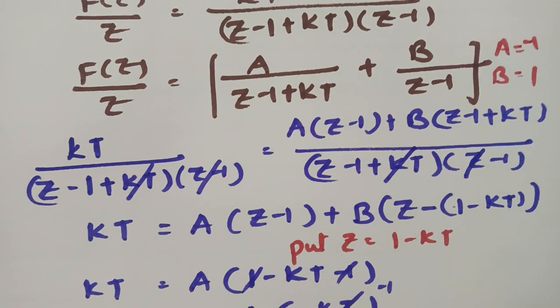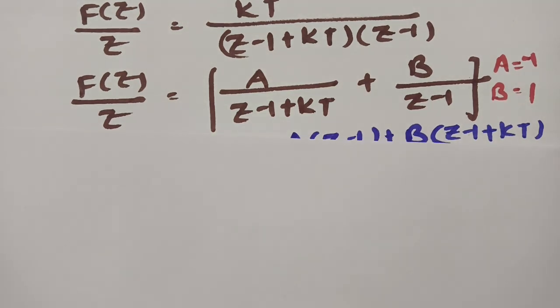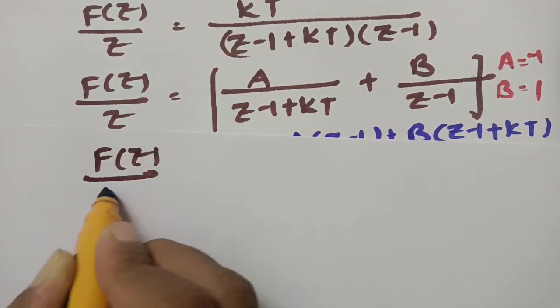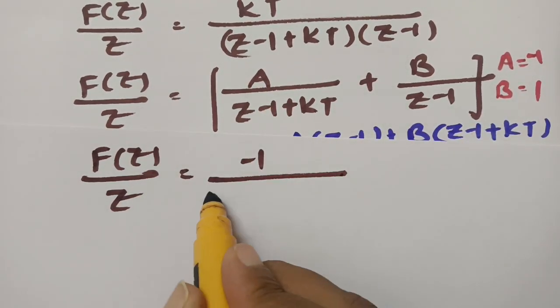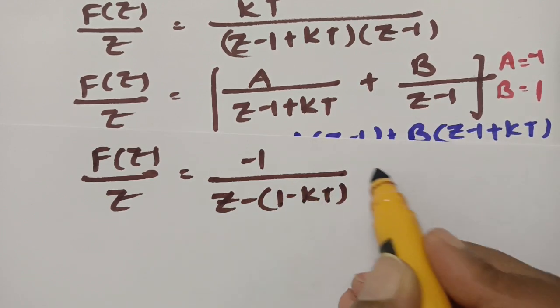Now if I substitute the values of A as well as B in equation 1, where is equation 1? Equation 1 is here. So F of z by z is equal to, our A value is minus 1, so this is minus 1 by (z minus 1 plus kt). Clear?